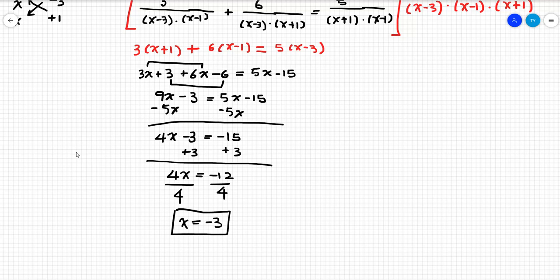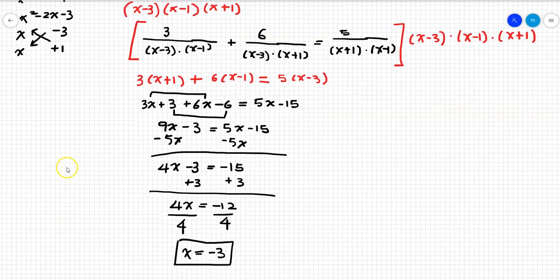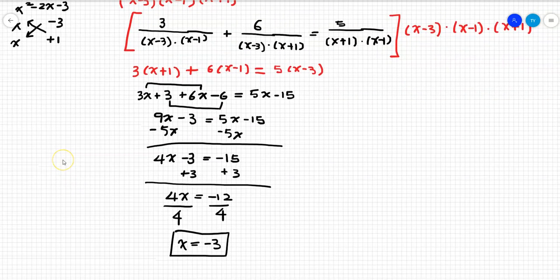Now, the important thing here is that you're going to have to plug this minus 3 back into the original equation and make sure that you get the correct answer, meaning that when you plug this in, left is equal to the right. If you don't do that, then this might not be the correct answer, and there's no way of you knowing it.